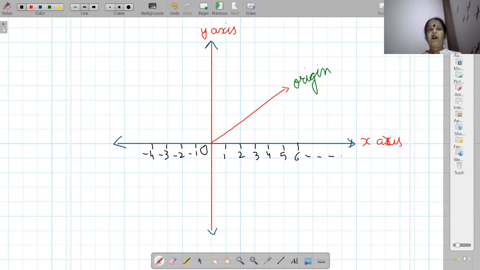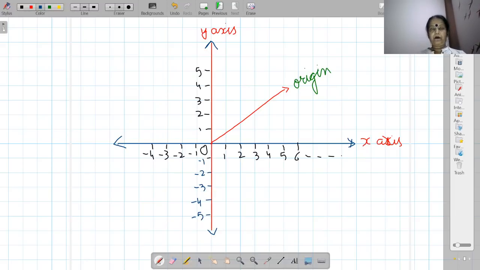Same way, on the vertical line, that is y-axis, the upper part is positive, and the lower part of y-axis is negative. Okay, so this you have to remember.